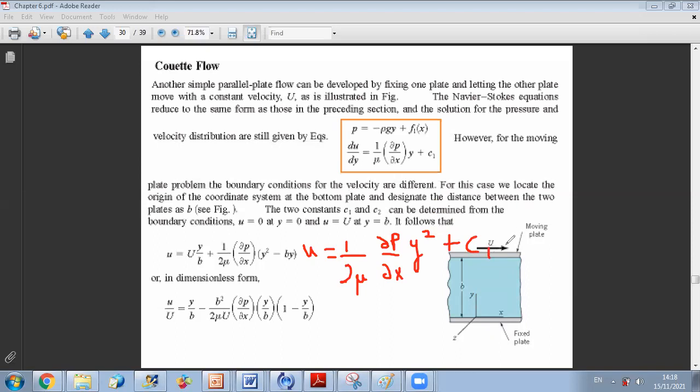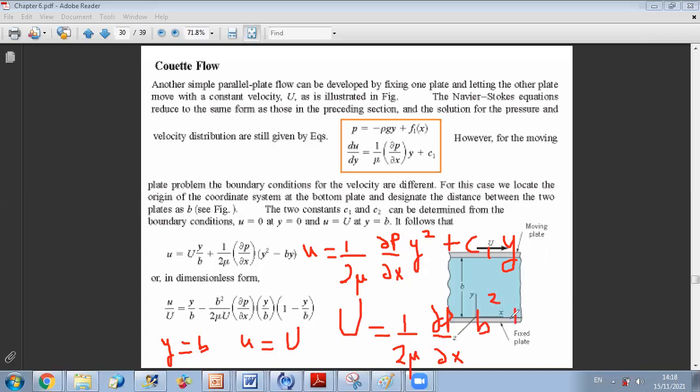Now to get C1, we use the second condition, which is for y equal b, small u equals big U. And now we replace: big U equals 1 over 2 mu times del p by del x times b squared plus C1 times b. And then you can get your constant C1.